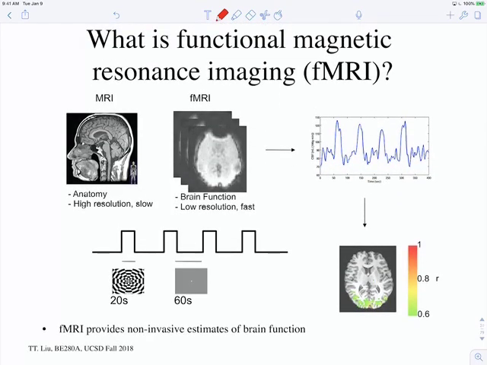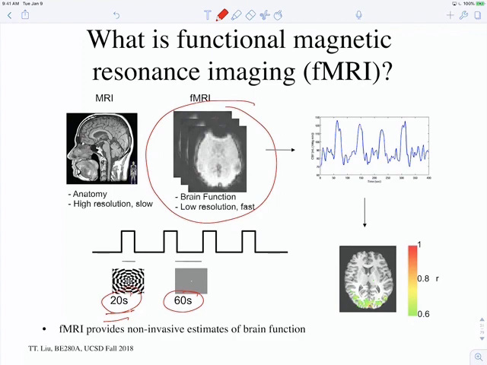The basic idea behind an fMRI experiment is you acquire these images very quickly, but at fairly low resolution, maybe 2 or 3 millimeters. Then while the subject is lying there, you might present them with a task. In this case, they're seeing a flashing checkerboard for 20 seconds, and then a blank screen for 60 seconds, and then you typically repeat that over and over again.